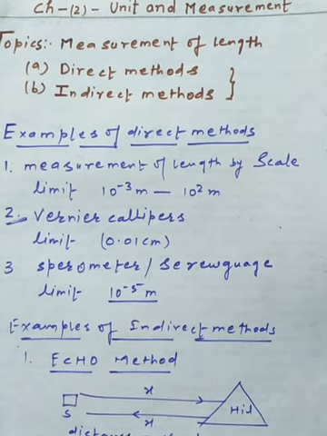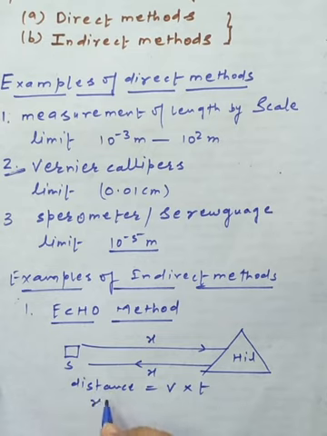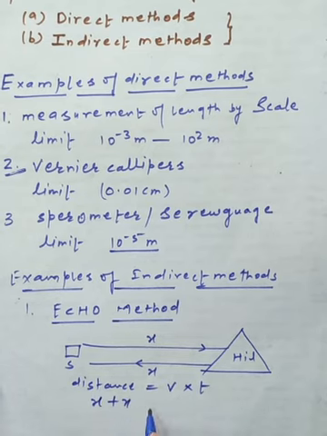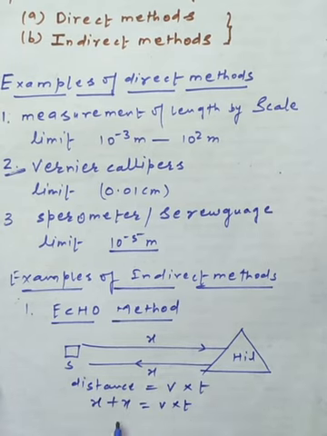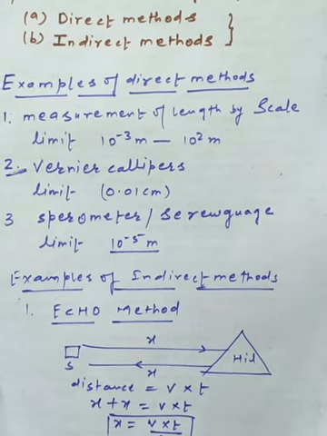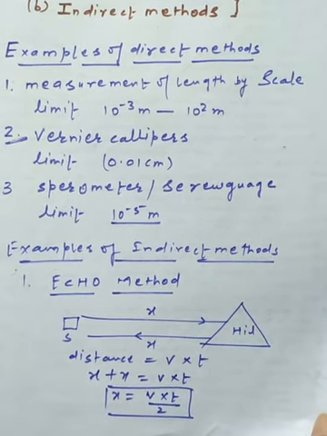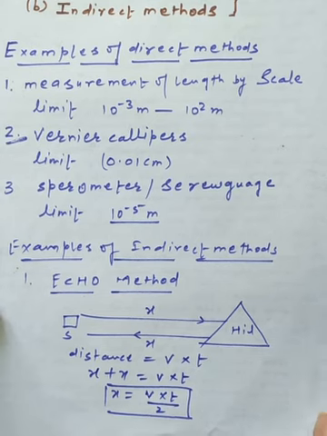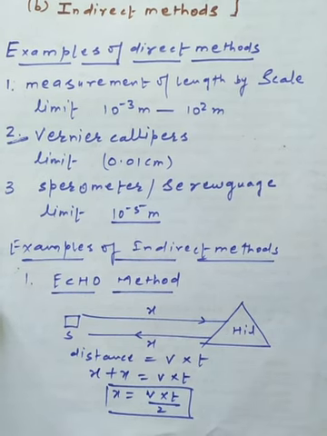So we write x plus x is equal to v into t, and x is equal to v into t by 2. So it's a simple indirect method which we use to measure length. This is the first method we have.